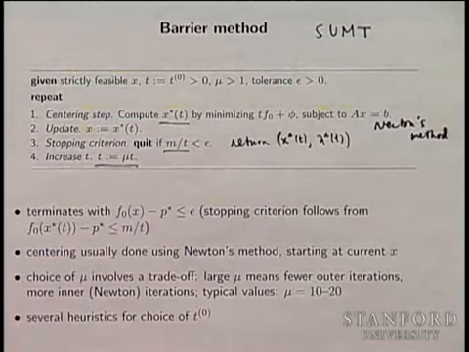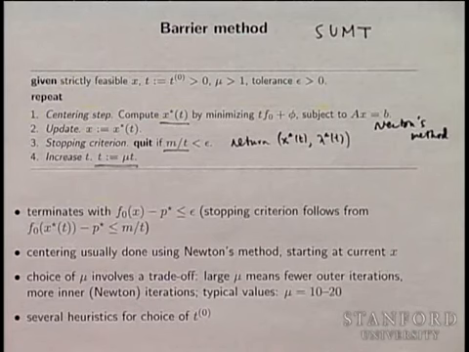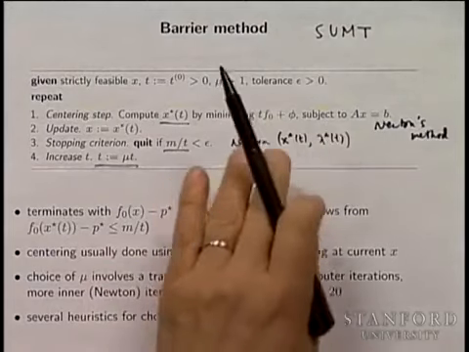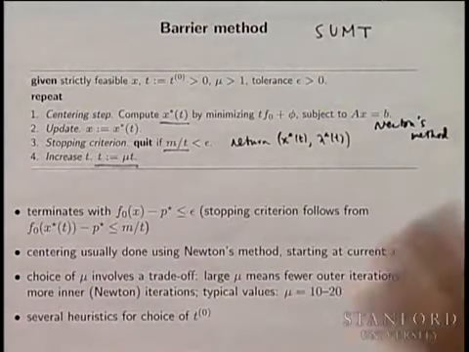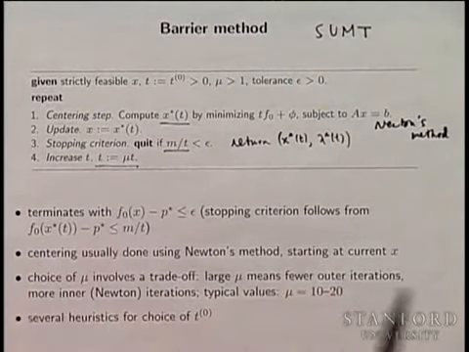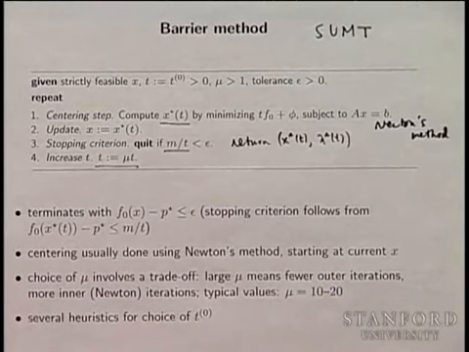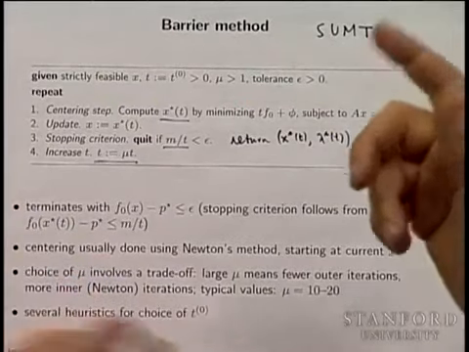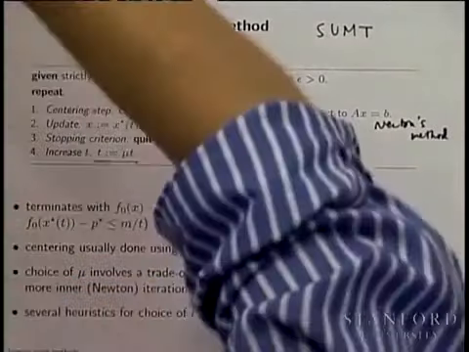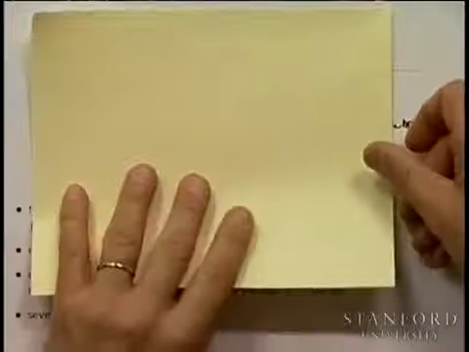You should imagine things like 1.05. Let's imagine you use Newton's method, because it's important to get the intuition behind it. If mu is 1.05, it should take maybe only 2 Newton steps to recalculate the new center, because basically you're at some point. Well, let me draw a picture here.